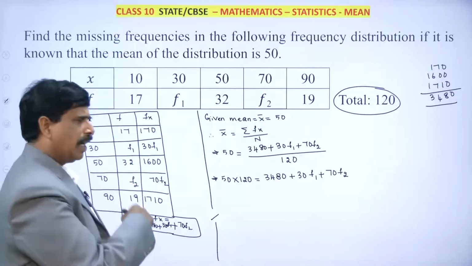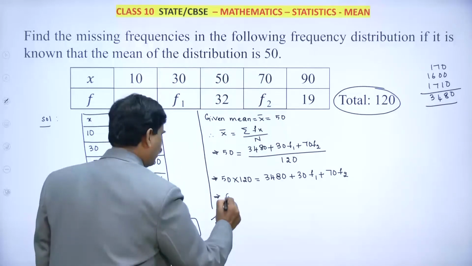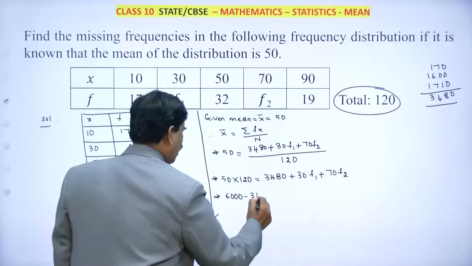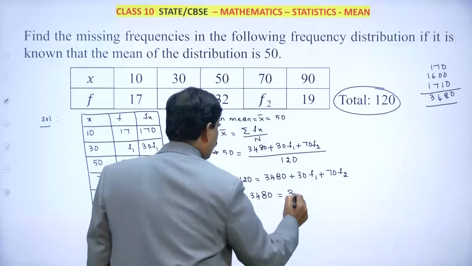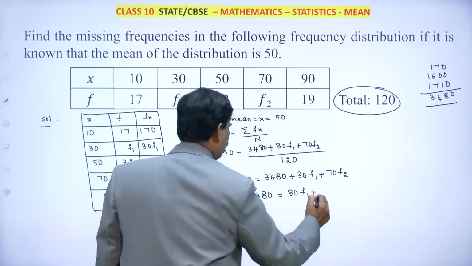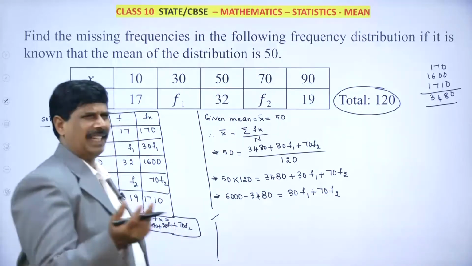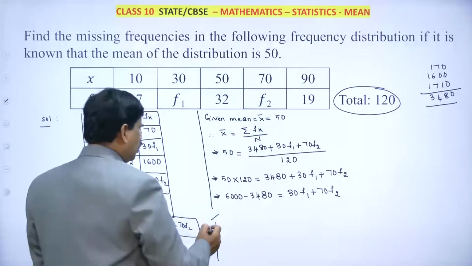Now get that 3480 this side, children. 12 5s are 60. So it will be 6000 minus 3480, which is equal to 30 f1 plus 70 f2, children. So you will get one equation in terms of f1 and f2. Subtract it now.